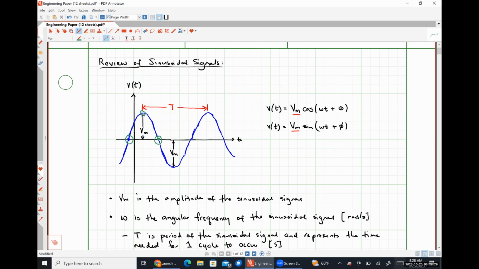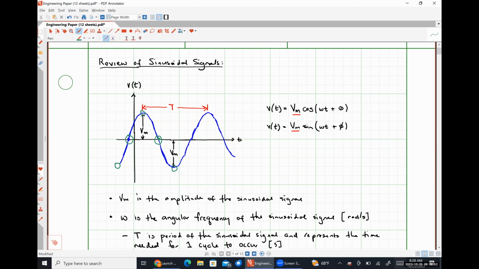So that would be like negative sine shifted to the right, so negative sine with some negative phase angle. If I chose this point right here, this would be negative cosine with some negative phase angle. This point over here would be negative cosine with some positive phase angle, etc.